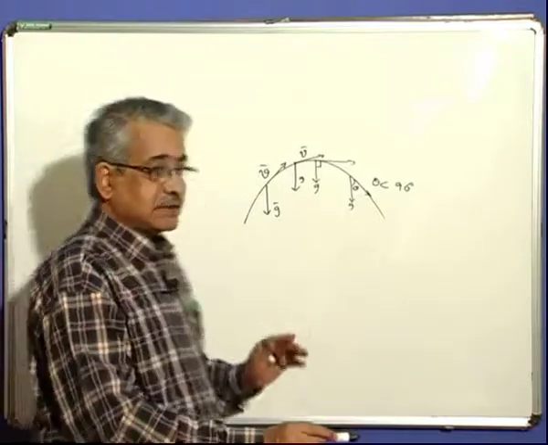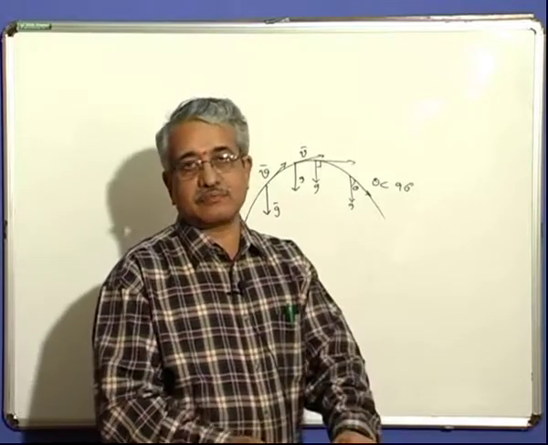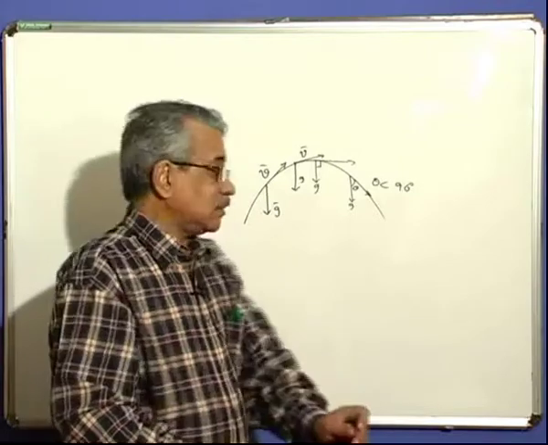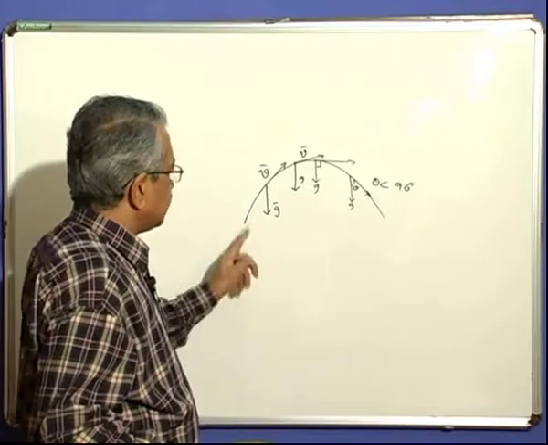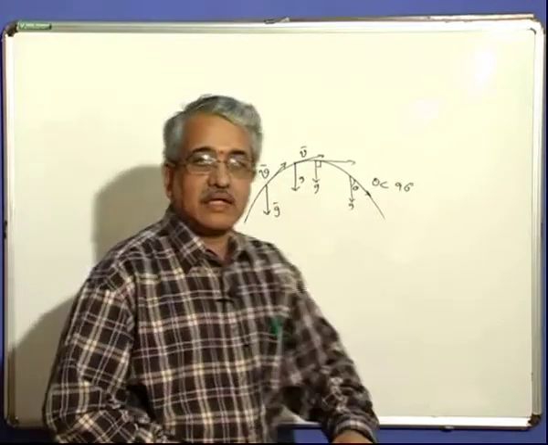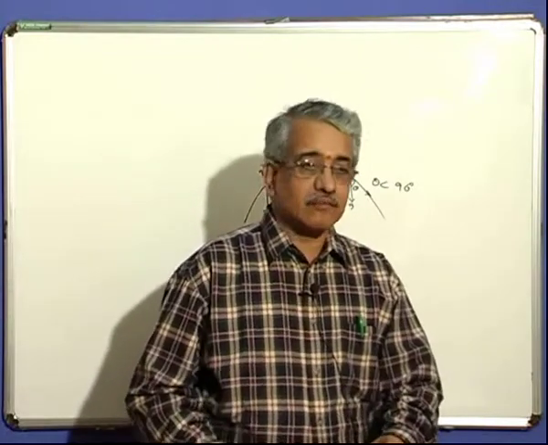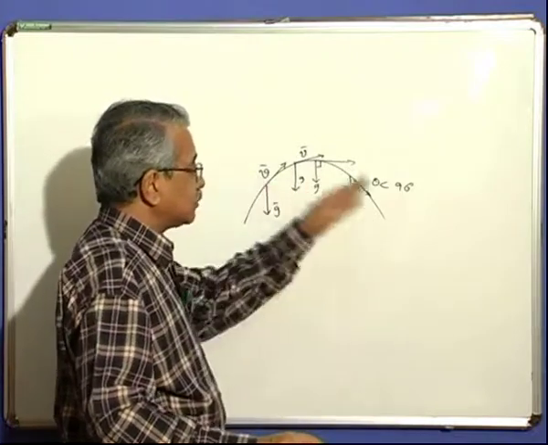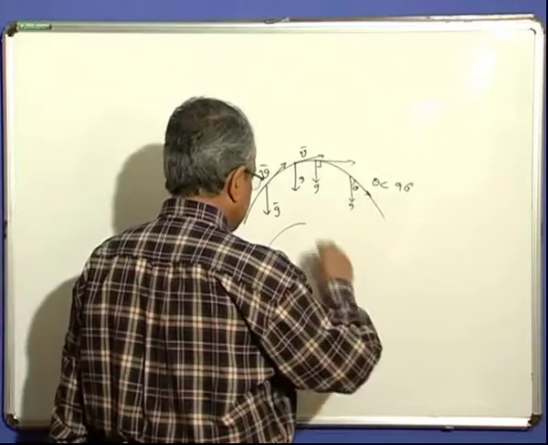If you always have the acceleration at right angles to the velocity itself, how will be the motion of the particle? Instead of an obtuse angle here and an acute angle there, suppose you have 90 degrees between the velocity and the acceleration. How do you find the nature of that curve? Naturally, it will be much more symmetric than this curve, and that is a circle.